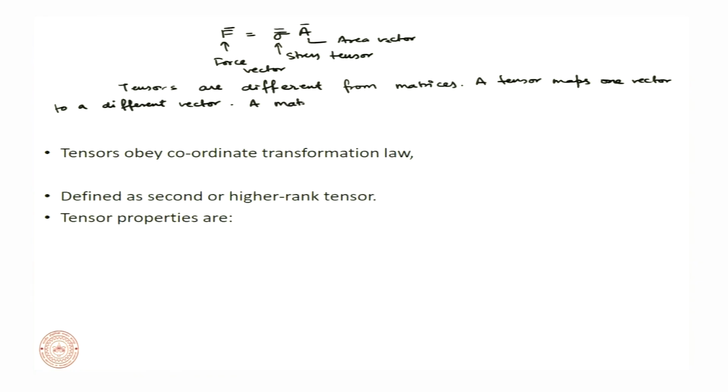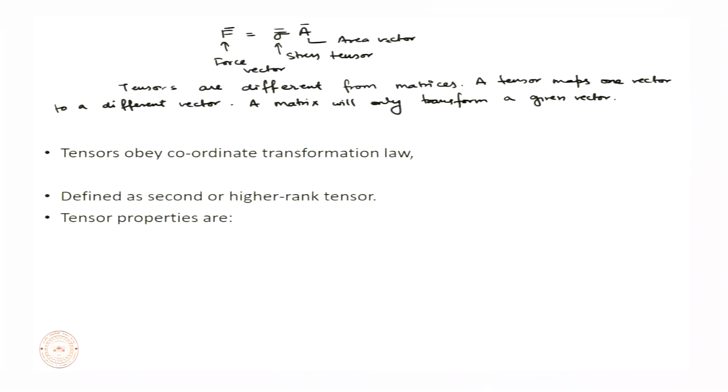A matrix will only transform a given vector. Okay. So, our alpha, that was our rotation matrix, would just rotate our vector. It will be the same vector. So, a force will be force, a velocity will be velocity, but a tensor, for example, the stress tensor will map area to force, strain tensor will map position to displacement.